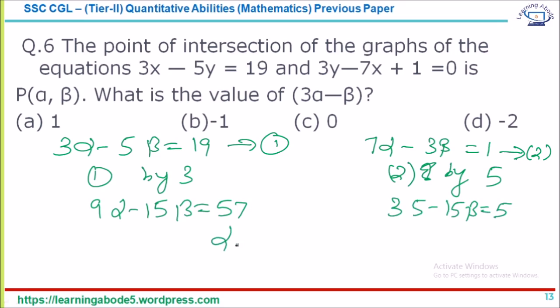If you solve for this, you will get alpha is equal to minus 2, and if you substitute, you will get beta is equal to minus 5. Now if you substitute alpha equal to minus 2 and beta equal to minus 5 here, you will get this value to be minus 1. That's answer option B. So question number 6 is answer option B.